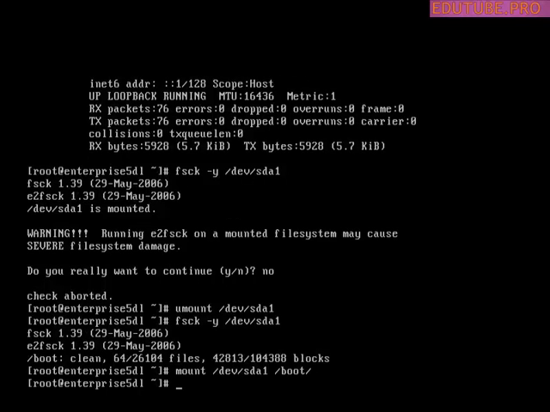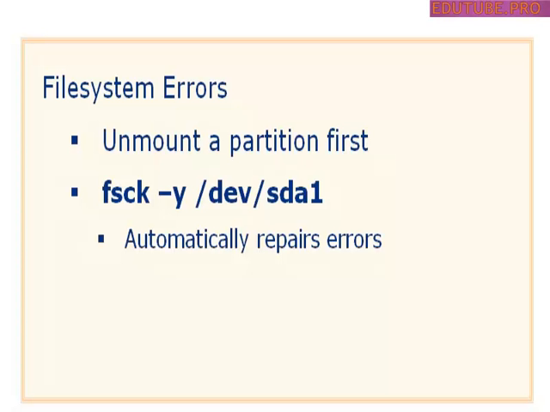And I've remounted that partition. The fsck command may not be the best long-term option, and file system errors may be an early sign of hard disk hardware failure. But fortunately, the RHCE exam is not a hardware exam, so don't worry about it.